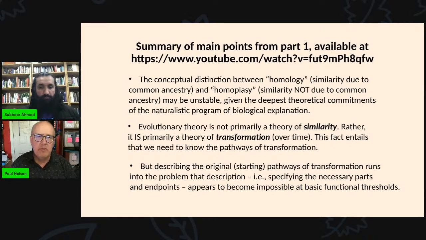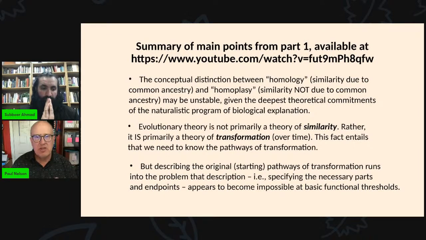Second major point, evolutionary theory is not mainly a theory of similarity. Similarity was known long before Darwin. It was known and observed by Aristotle, not in an evolutionary context. Evolution is mainly a theory of transformation over time. And because of that, evolution needs to be able to document or understand the pathways of transformation that are its major empirical claim, that species are transformed over time, that they split into two daughter species at speciation events.